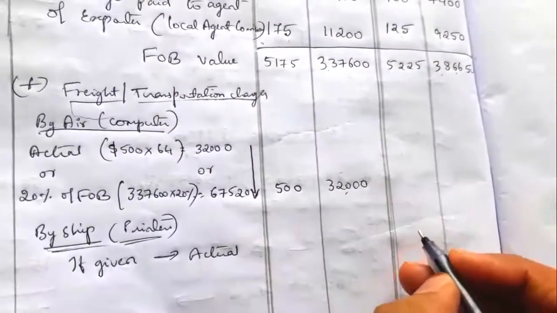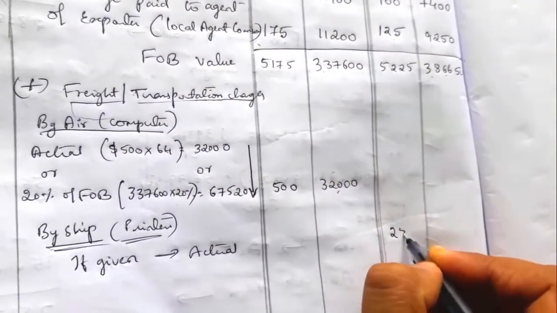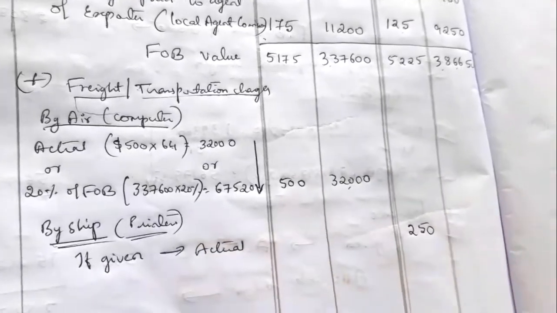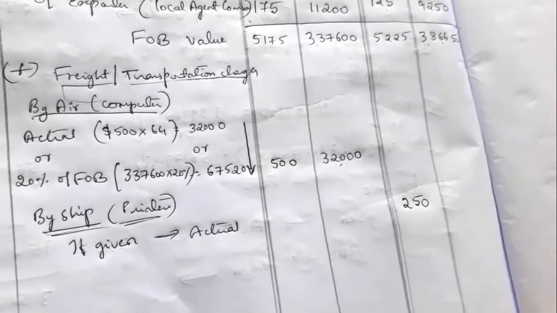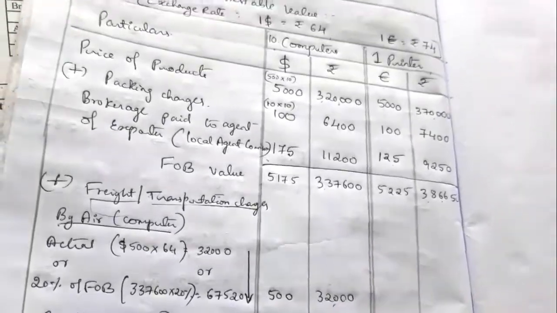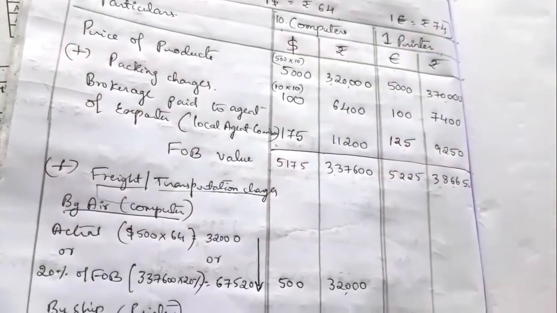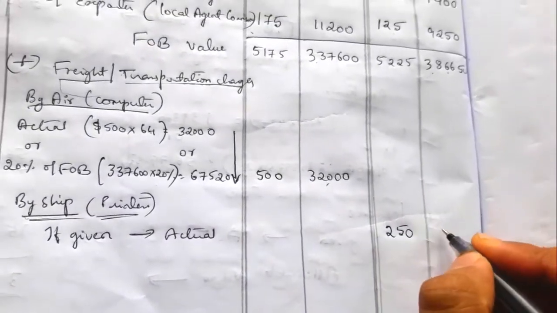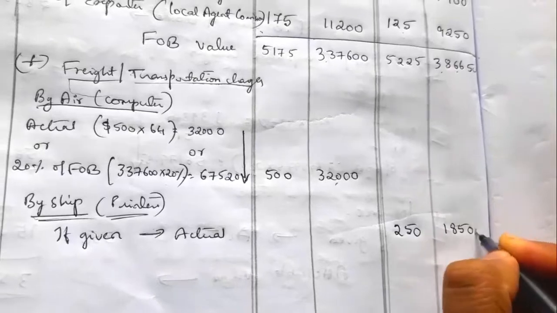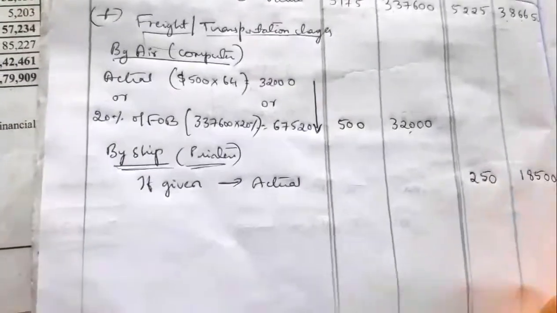So now we have to take 250 euro in the euro column. 250 is the transportation charges for printer. So now we have to convert this 250 into exchange rate 74, that is equal to 18,500. So that is about the freight and transportation charges.